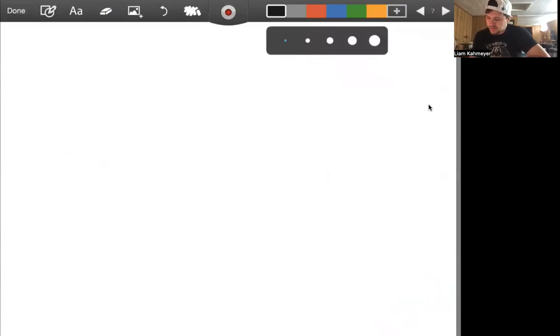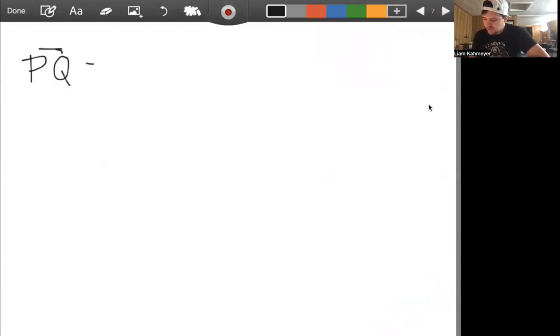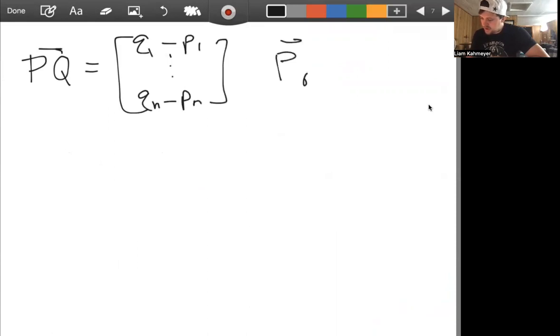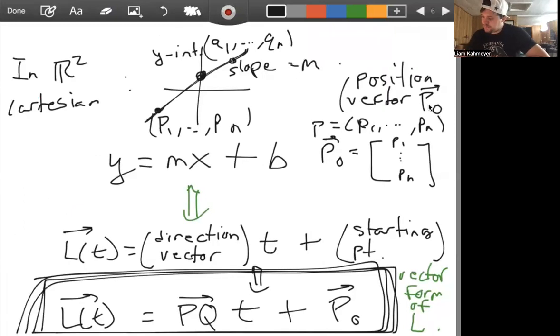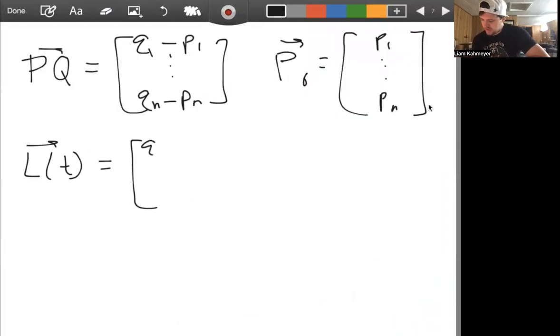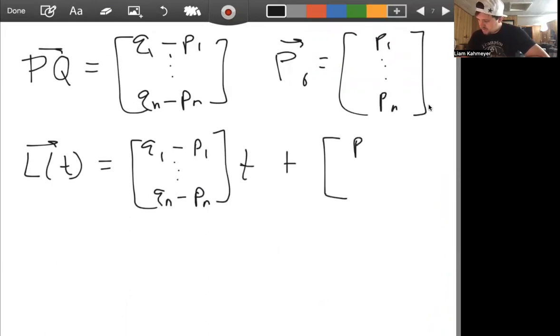We can be more explicit, right? Because we know what PQ is. PQ is going to be Q1 minus P1 through Qn minus Pn, and we already know what P naught is, right? It's P1 through Pn. Well, then we can be more explicit about the description of our line L, right? This would be the direction vector Q1 minus P1 through Qn minus Pn times T plus P1 through Pn.